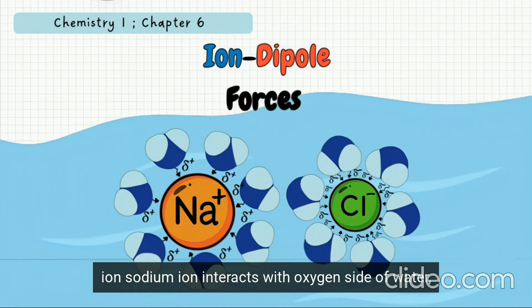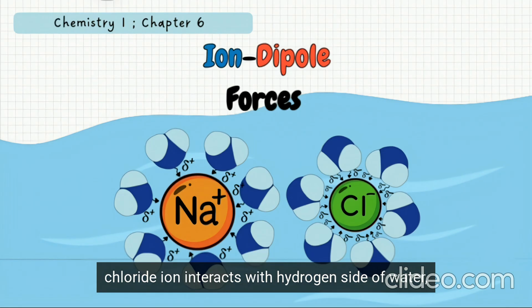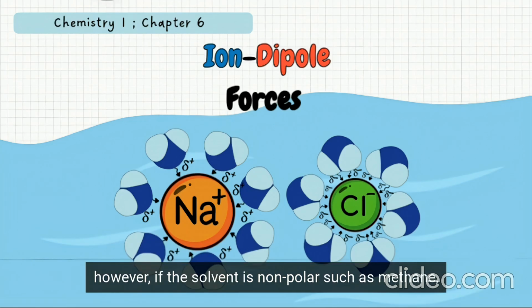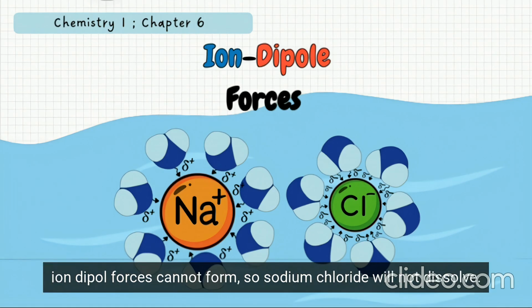Sodium ion interacts with the oxygen side of water, chloride ion interacts with the hydrogen side of water. This ion dipole attraction stabilizes the ions in solution, allowing the salt to dissolve. However, if the solvent is nonpolar, such as methane, ion dipole forces cannot form, so sodium chloride will not dissolve.